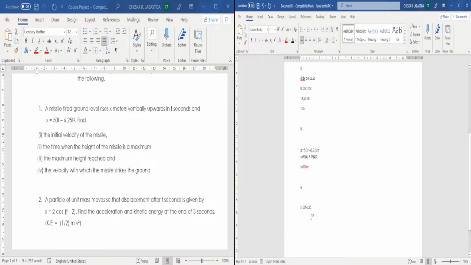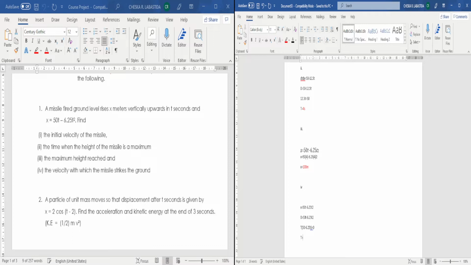So let's solve that one. It should be 50t minus 6.25t squared equals 0.